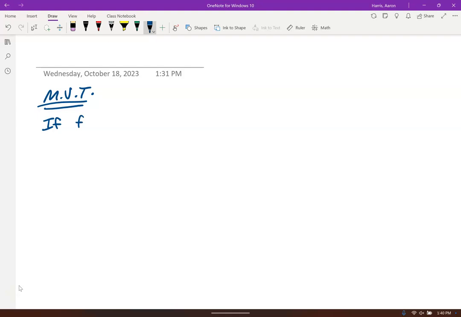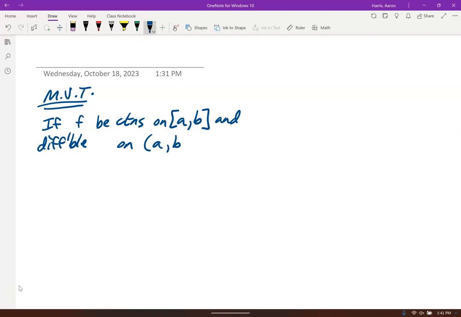If f is a function, if we let f be continuous on a closed interval and differentiable, let's shorten that, on the open interval, then there must exist a c, so that's the there exists.